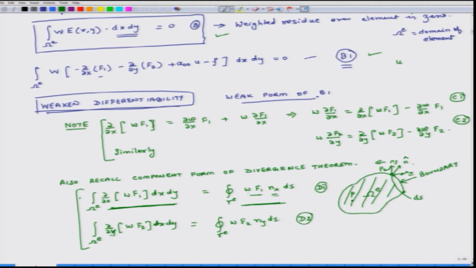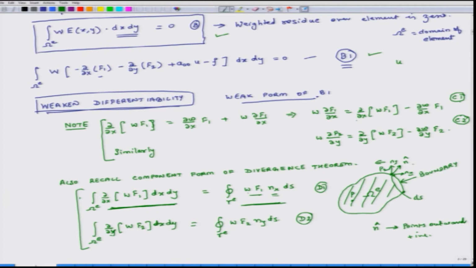And one thing I wanted to say is that if this n points outwards, then it is positive. This is the convention. If it is pointing inwards, then it is negative. So, what we will do is first put C1 and C2 in equation B1.